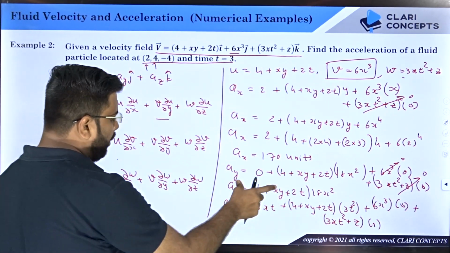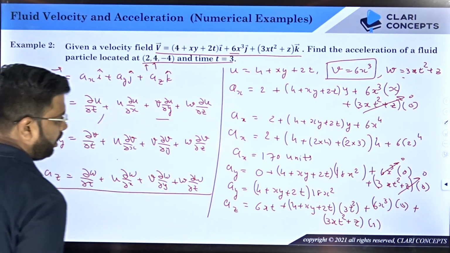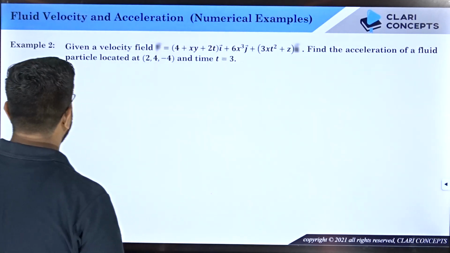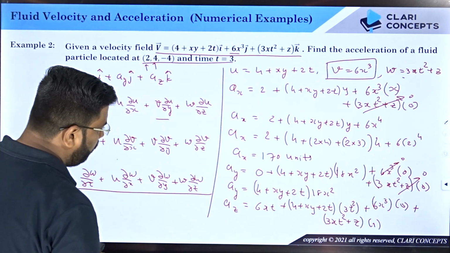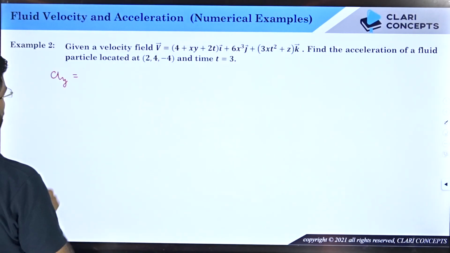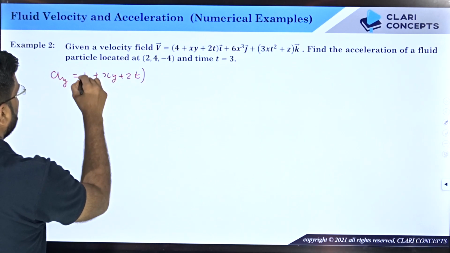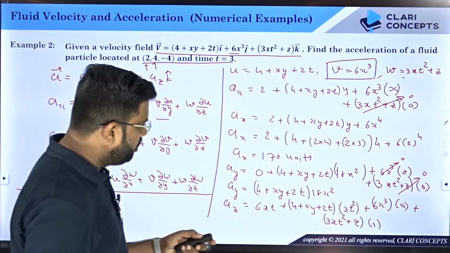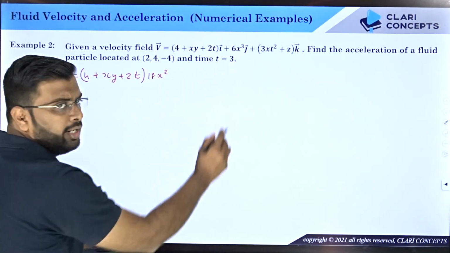Now once you have got ay, once you have got az, let me finally find out the values of ay and az. First let me calculate ay. Ay is equal to what I have found: 4 plus xy plus 2t into 18x square. If I am not wrong, let me check. 18x square. Okay. Now I know the values of x is 2, y is 4, z is minus 4 and time equals 3.